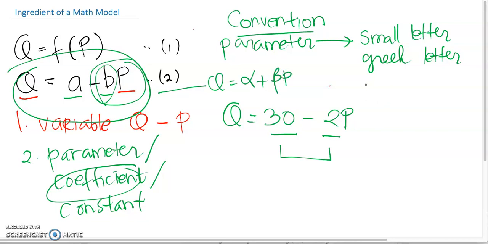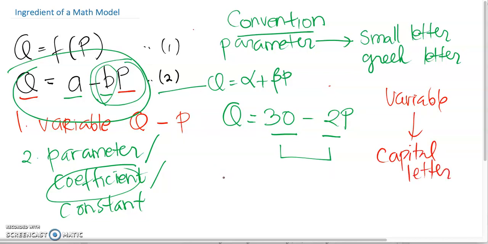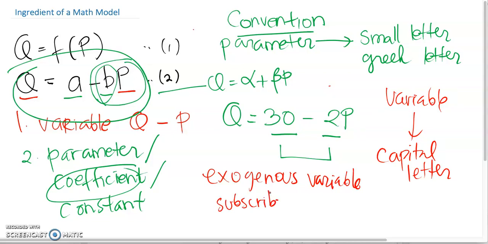While variables are written as capital letters. Another key about an exogenous variable is that it is given a subscript 0.